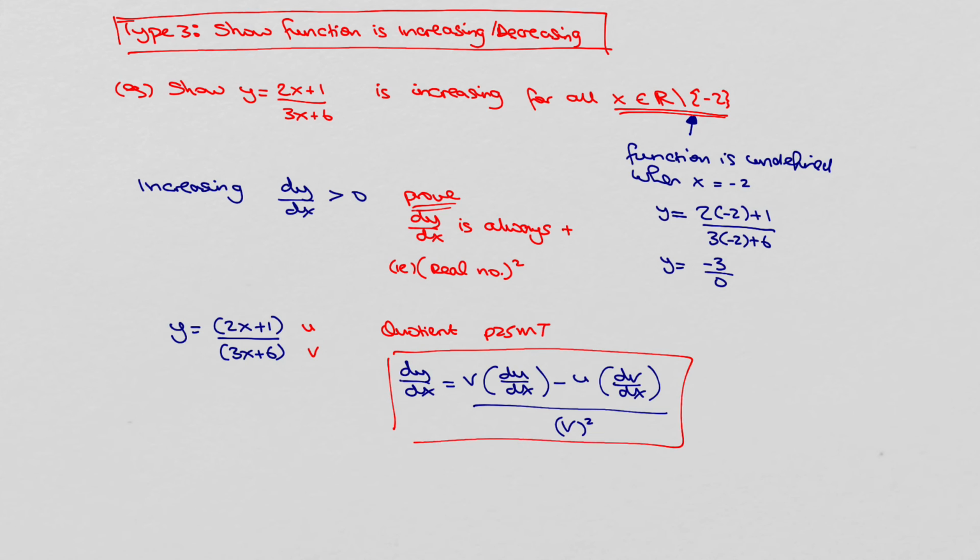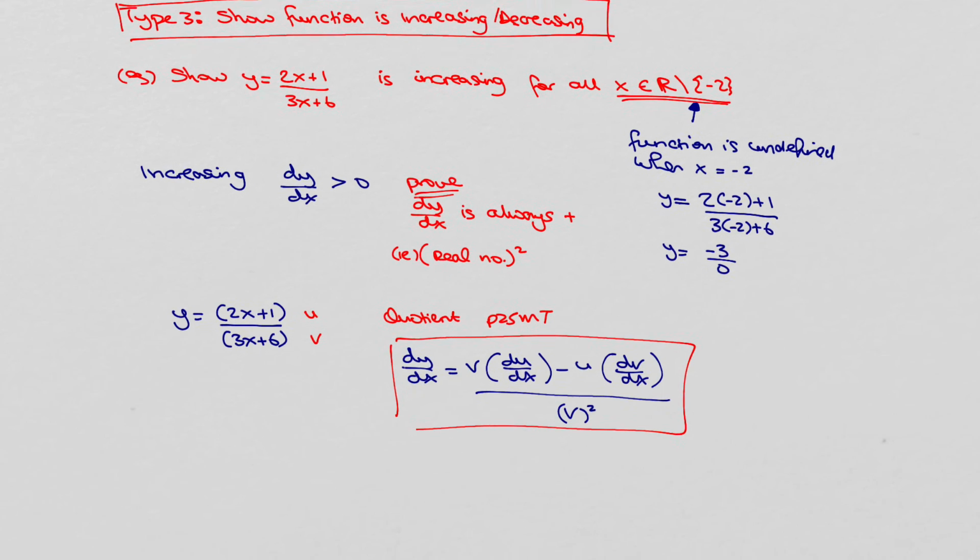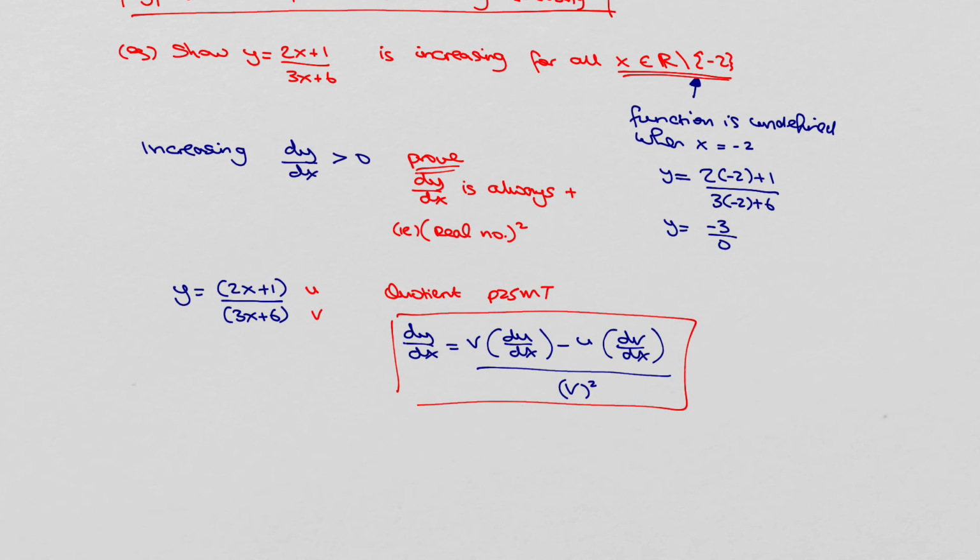So if I take u and let it equal 2x plus 1, well, du/dx is 2. And if I let v equal 3x plus 6, then dv/dx is equal to 3.